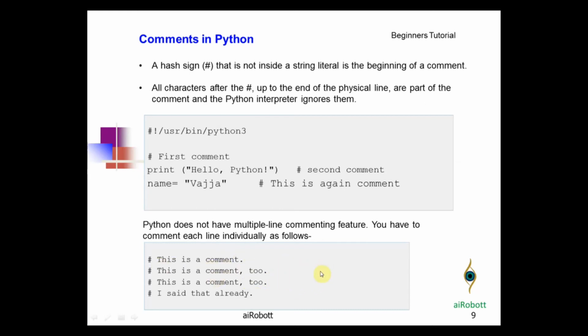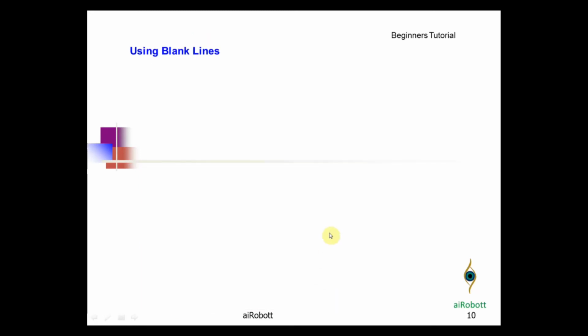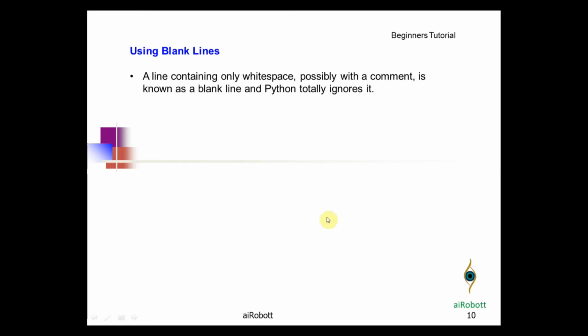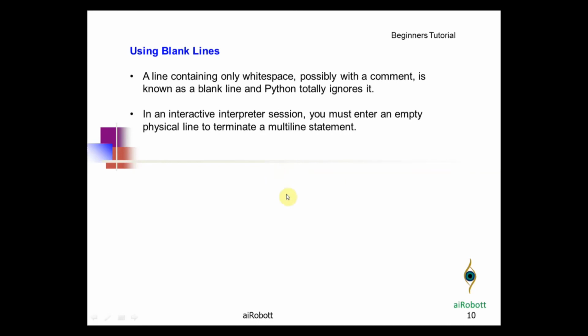Like this you can comment all these four lines. Blank lines are nothing but white space. You may use one with a comment line also. It is also a blank line. In an interactive interpreter session, you must enter an empty physical line to terminate a multi-line statement.